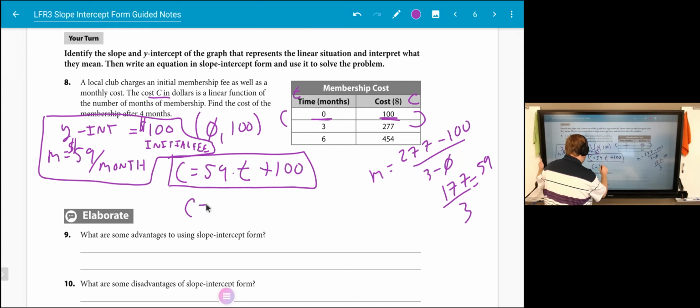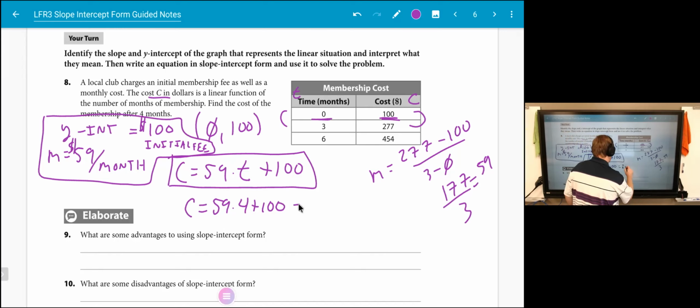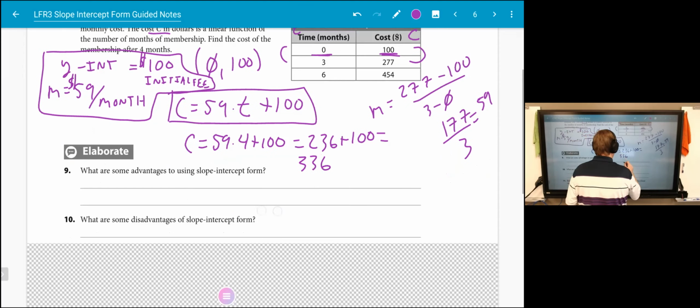C equals 59 times 4 plus 100. Well, 59 times 4, well, 60 times 4 would be 240. I'm going to take 4 away from that. So there'll be 236 plus 100. And if I do that, I get 336. So what does this mean?